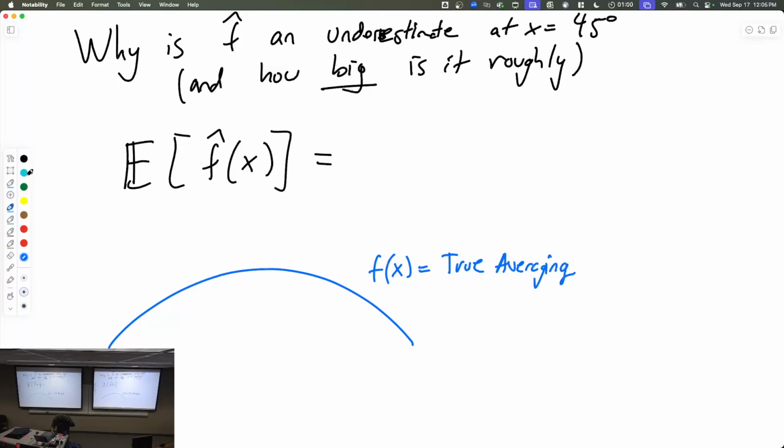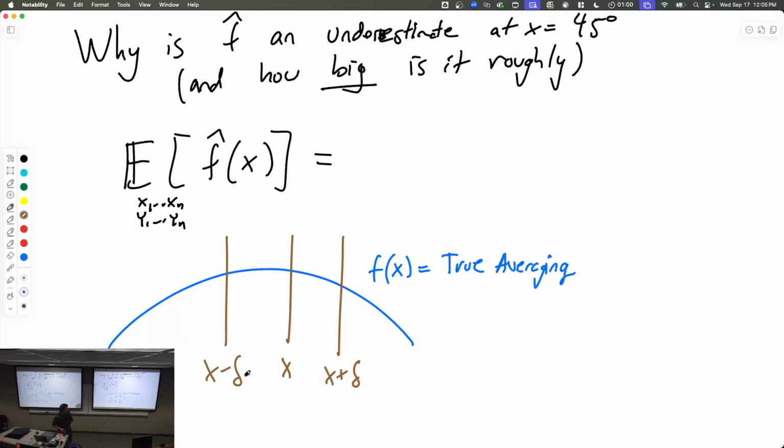So the expected value over all the training points, x1 to xn, y1 to yn, we are grabbing a little slice of the f and averaging it. The slice is from x minus delta to x plus delta, and we're averaging this whole little region.